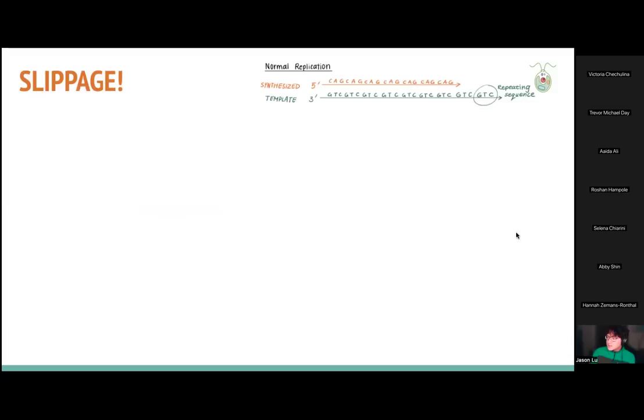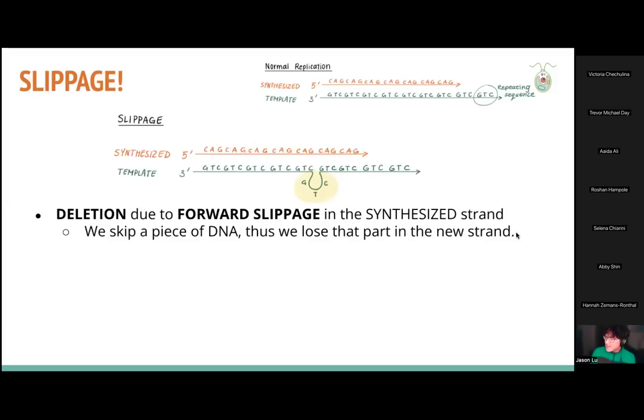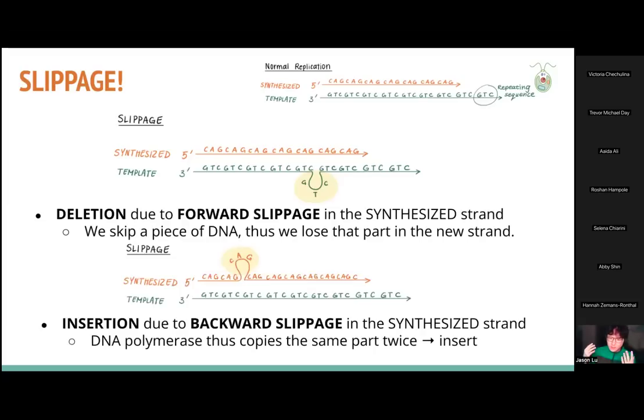So, sorry, Hannah, again. When it comes to a forward slippage, what we're getting is a deletion in the synthesized strand. Think about how if we skip a piece of DNA, if we're skipping forward, then we're going to be skipping that part of our template strand. So in that sense, we're deleting that part that's skipped.